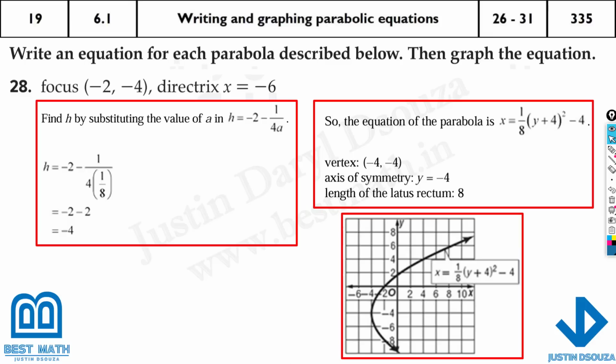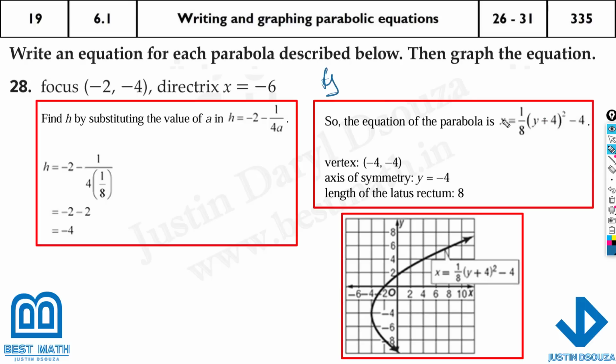And now what about the graph? Of course, we can use a calculator to graph it by table method, but we have to remember a few things. When we write the equation, it is in terms of x, right? x is equal to 1 by 8, y plus, all this equation. But in our calculator, we only take f of x. That means it considers this to be y.